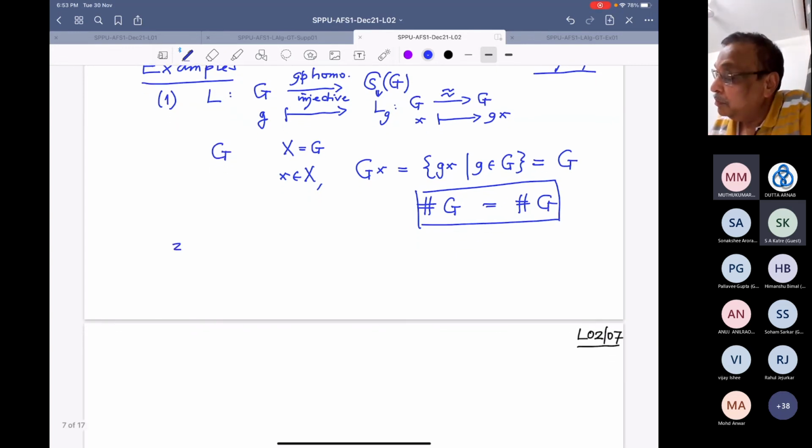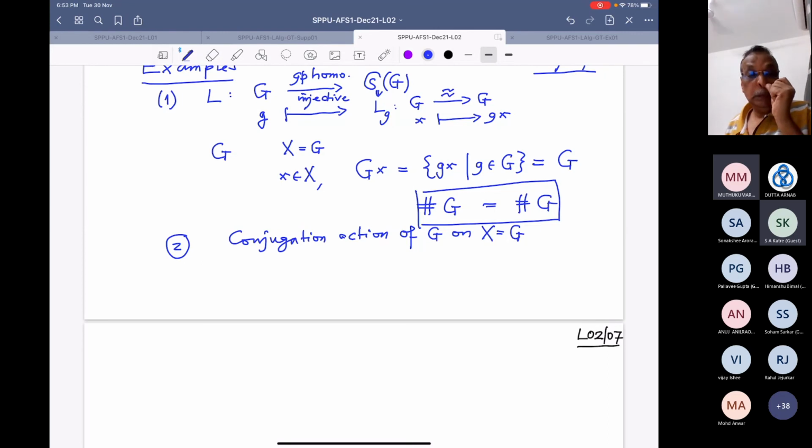Now second, conjugation action of G on G only. X is also G. And what is the action homomorphism?